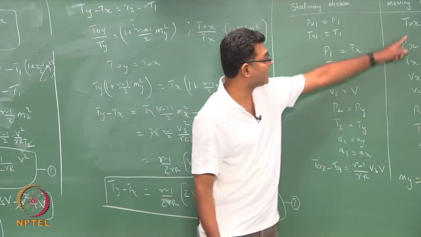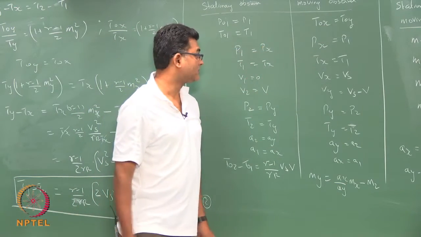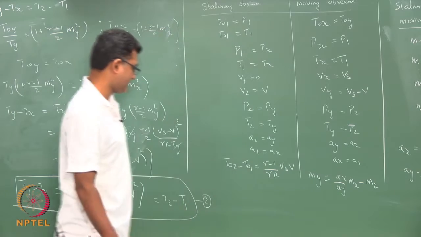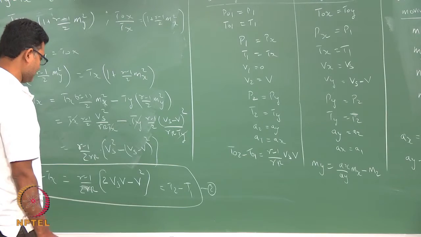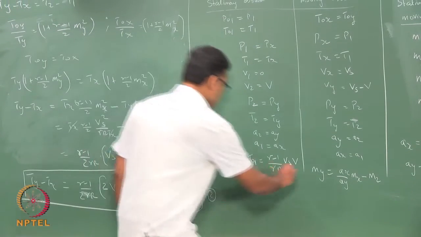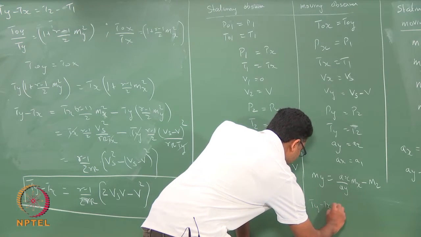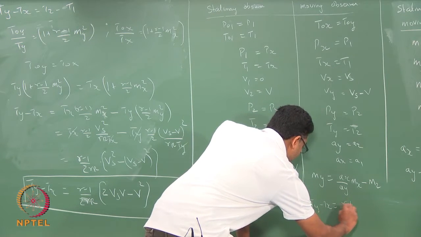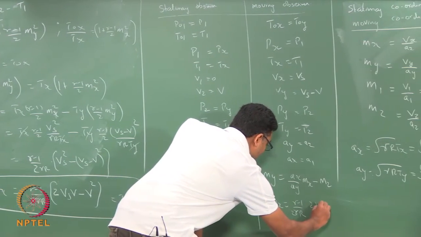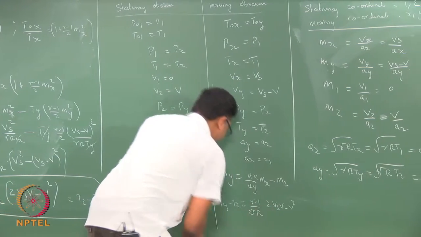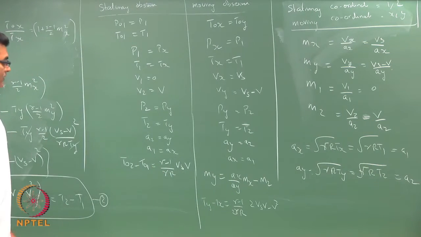Whereas T0x equals T0y. So, this difference is different from T0y minus T0x. So, your Ty minus Tx is gamma minus 1 by gamma R into 2 Vs V minus V square, which is also equal to T2 minus T1.